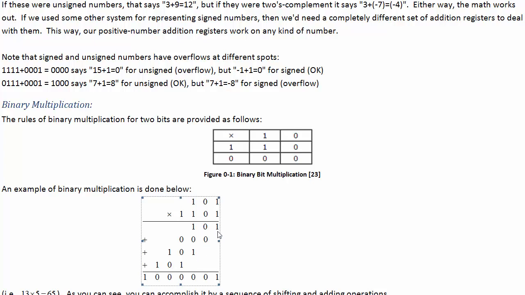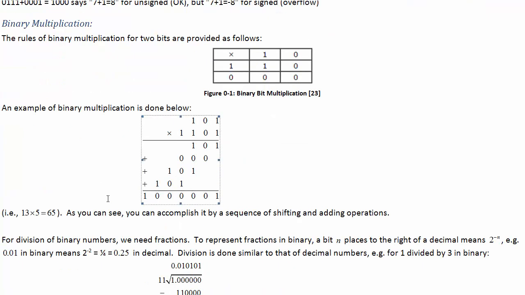Adding all of these together, we've got 1 and 1 is 0, carry the 1. We get 1 and 1, 0, carry the 1, 1 and 1, 0, carry the 1, 1 and 1, 0, carry the 1 to there. And that's our result for multiplying these two numbers. That's how you do it.